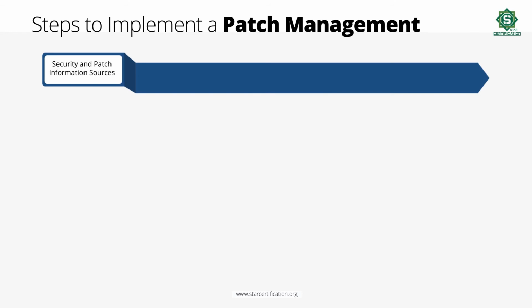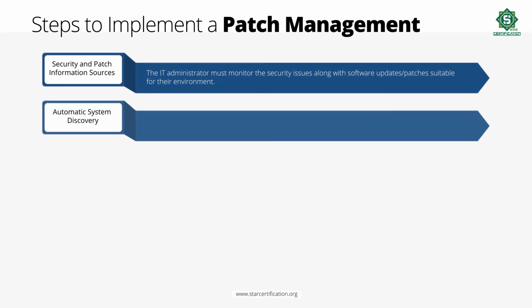Security and patch information sources. The IT administrator must monitor the security issues along with software updates and patches suitable for their environment. Automatic system discovery. Komodo scans the systems and discovers updates for Linux and Windows systems using Active Directory to deliver the intelligence for obtaining real-time analysis of the network.